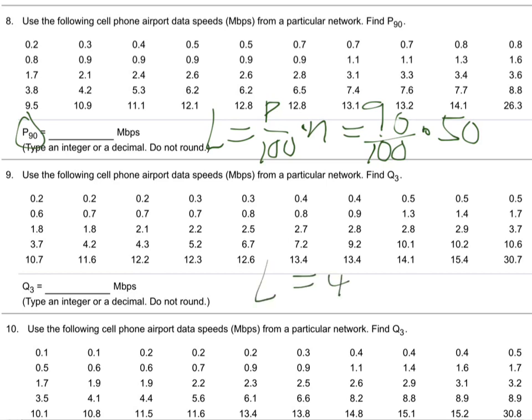Doesn't L equal a nice, clean 45? No decimal. You with me? So what do we do when L comes out a whole number, no decimal? We take the number in the 45th spot and the next one. So that means we're going to take the 45th and 46th numbers and average them.